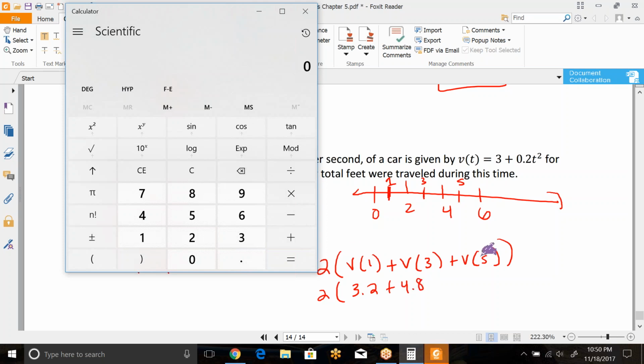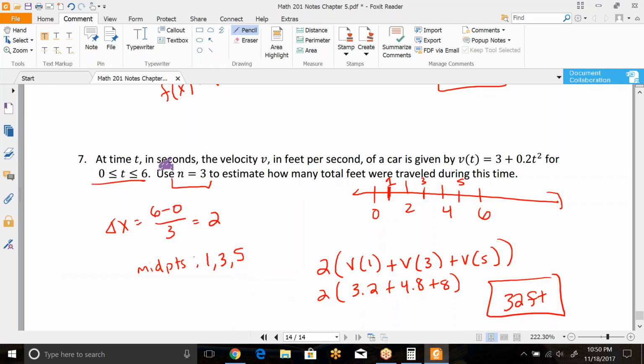And then we have 5 squared, which is 25, times 0.2 plus 3 is 8. Add them together, plus the 3.2, and then double it since our delta x was 2. So it's going to be 32 feet, because it did ask us for the total feet traveled during this time, so 32 feet.